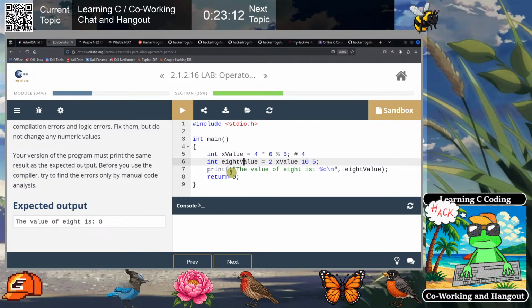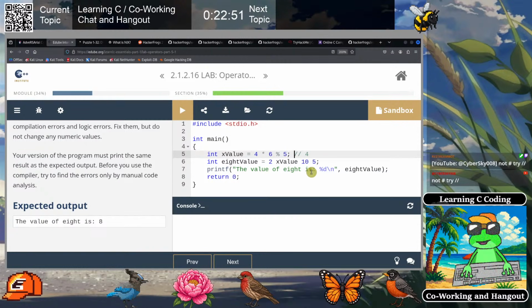And then 8 value is 2 something x value 10 and 5. Okay. Oh, it's not hash, right? Okay, so it's // for comments. Right, Cybersky, you're right. Hash is for comments in Python. So 8 value equals 2 x value.